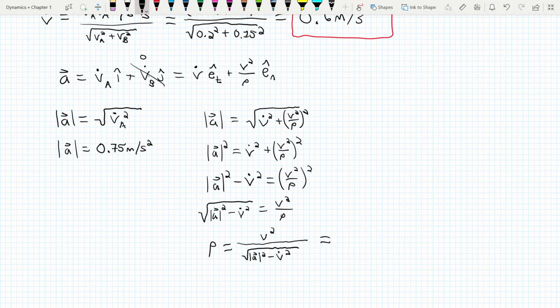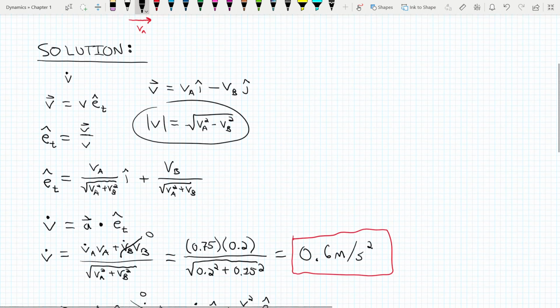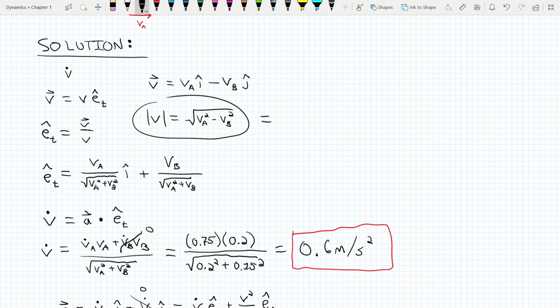And we can just plug in the numbers we have. I don't think we actually wrote down what this is equal to. We can do that real quick.